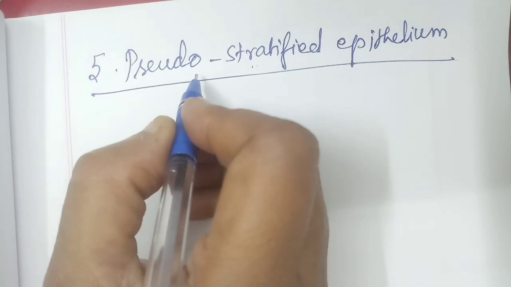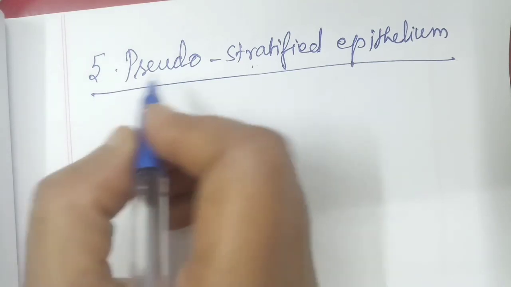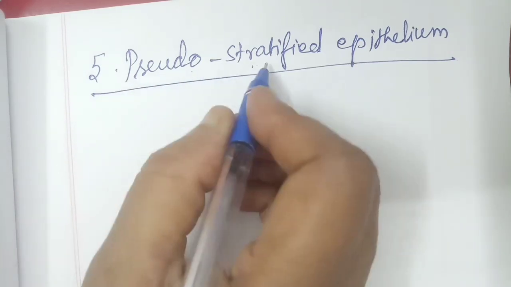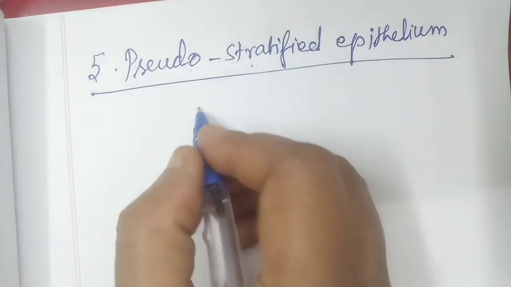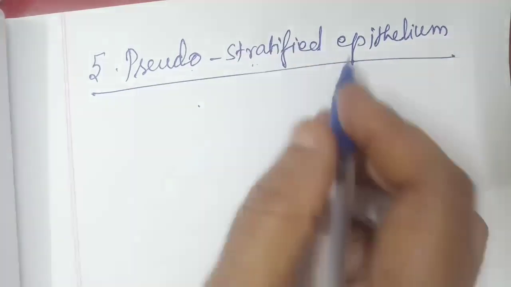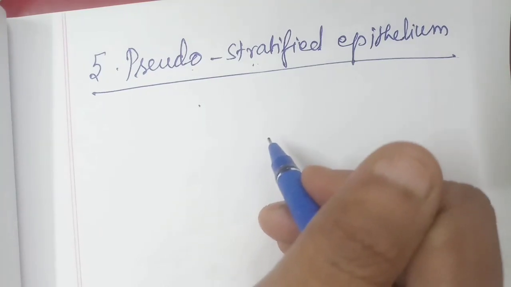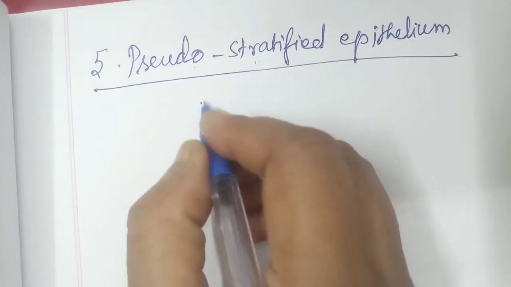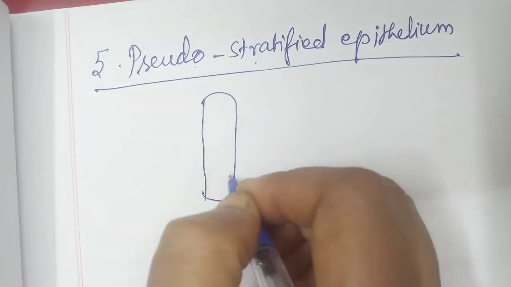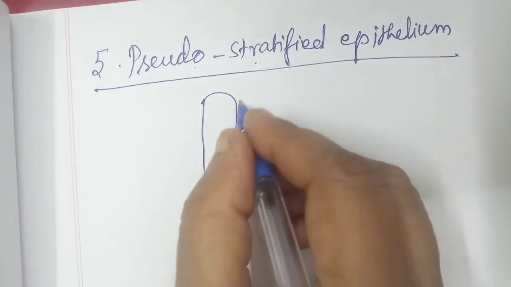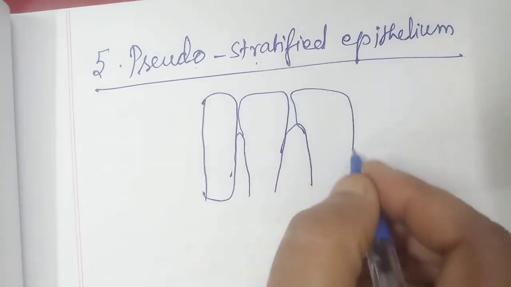Actually, the simple epithelium is made up of single layer only, but here it is called pseudo stratified epithelium, which means it looks like it is made up of many layers, like multi-layers. It appears like multi-layer, but actually it is made up of single layer of cells only.